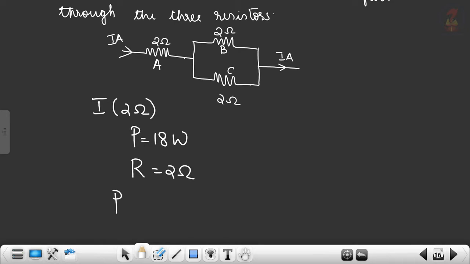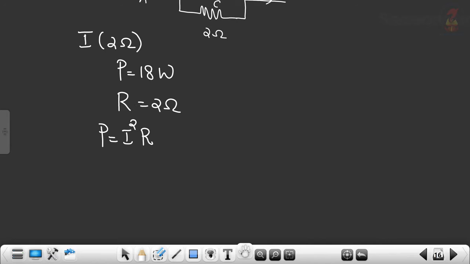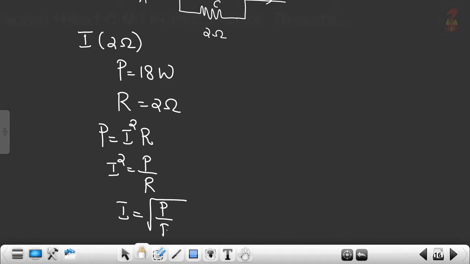So, P equal to I squared R. I square equal to P by R, or I equal to root of P by R, that is equal to root of 18 by 2, that is equal to root 9, that is equal to 3 ampere.